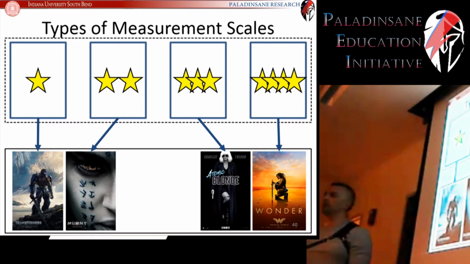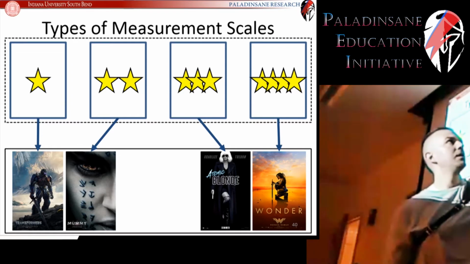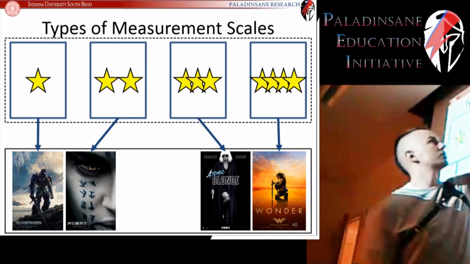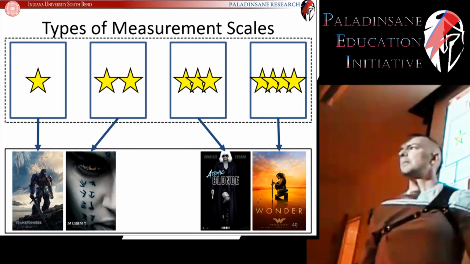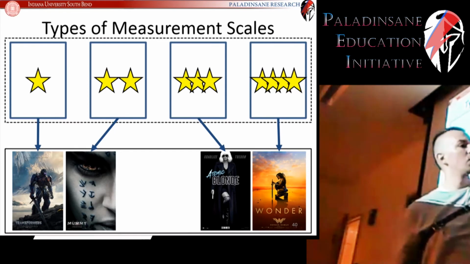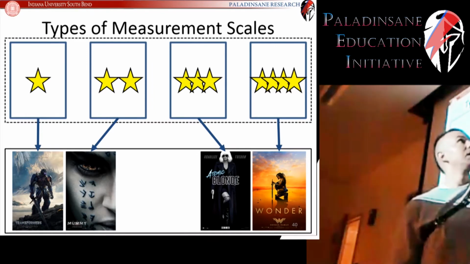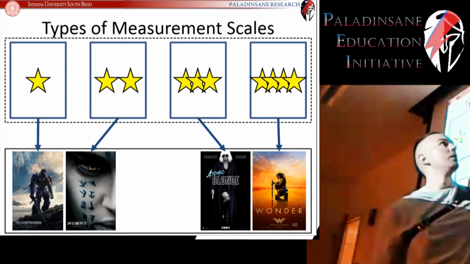Because while you would be completely correct in saying, oh, Wonder Woman, 4-star movie, 4-star is better than 3-star, Atomic Blonde, 3-star movie, Wonder Woman is better than Atomic Blonde. Notice, 4 stars greater than 3 stars, Wonder Woman greater than Atomic Blonde. The measured scores reflect the actual truth.